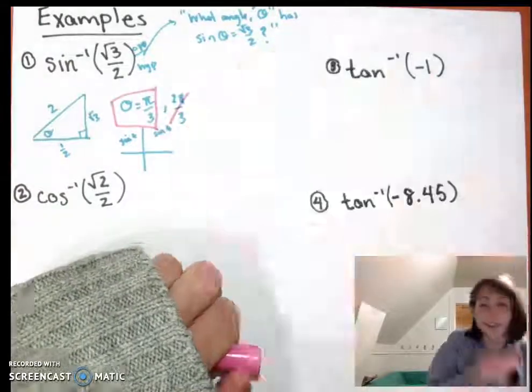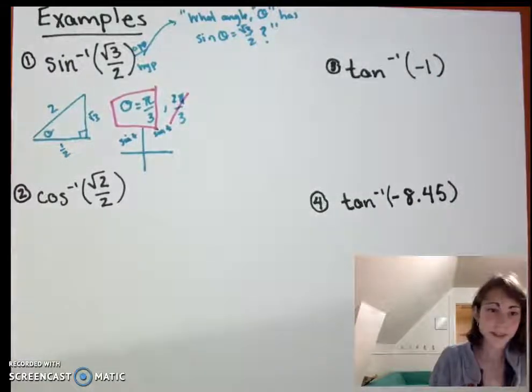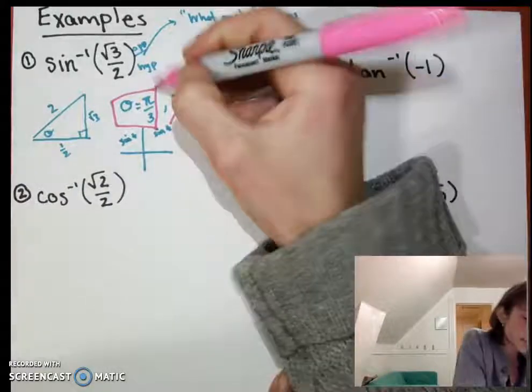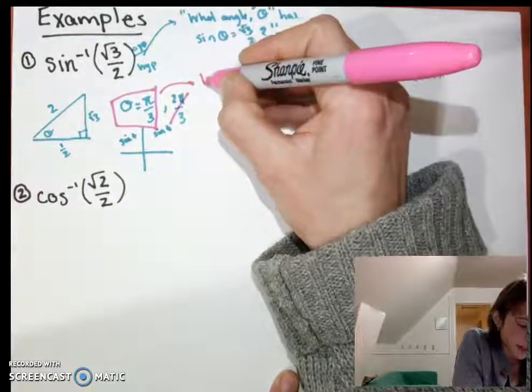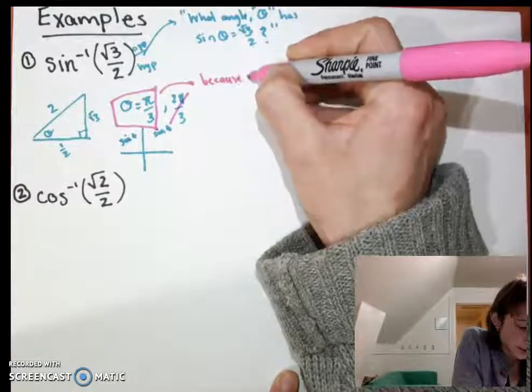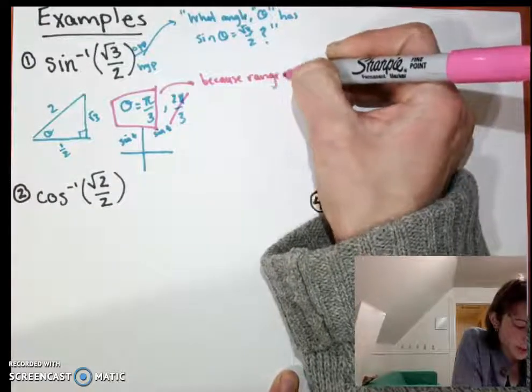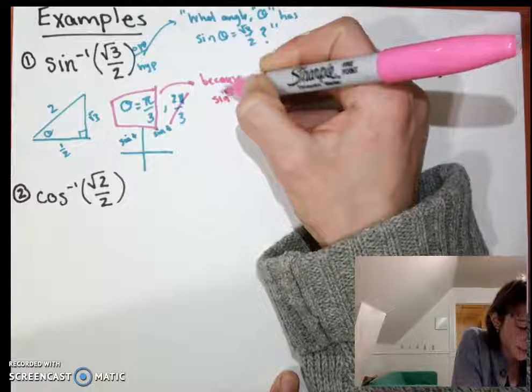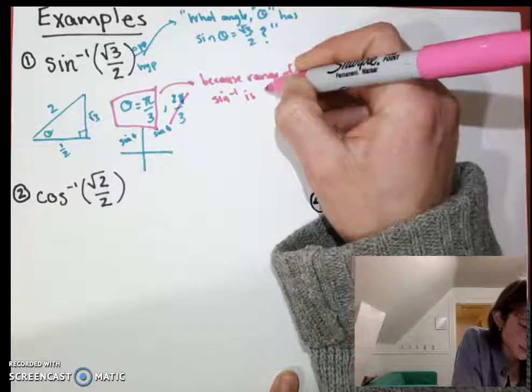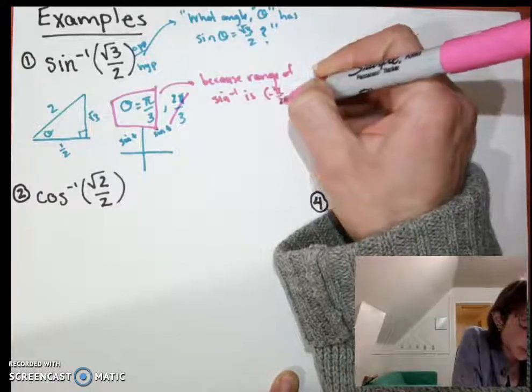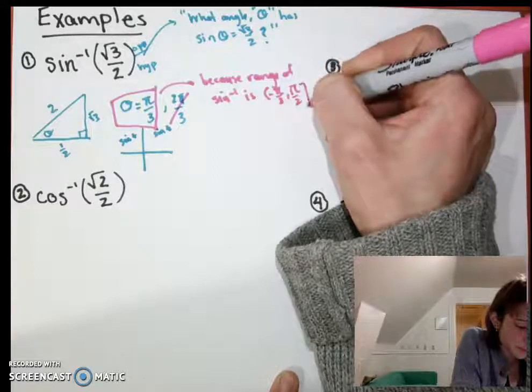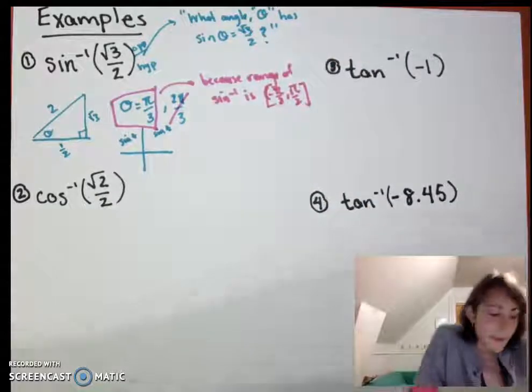So just pi over 3 is our answer. Let me just clarify this: it's because the range of sine inverse is negative pi over 2 to pi over 2. Okay, so let's try another.